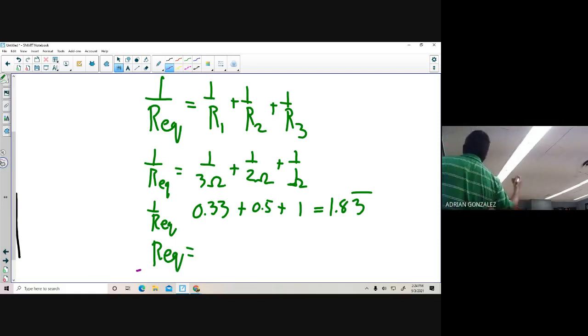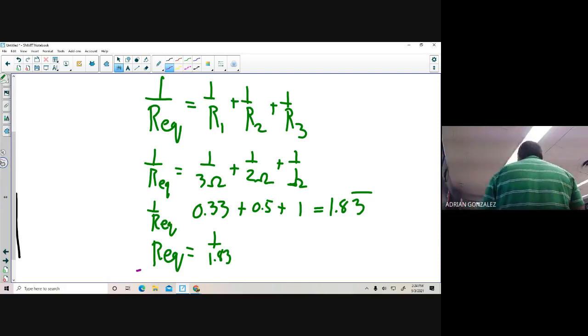Yay! But we have that nasty, annoying problem that happens with algebra, where whatever you do to one side of the equal sign, you have to do to the other side. So we'd have to get 1 over 1.83. Crap, another fraction, but it's cool because it's physics, and we don't keep fractions.